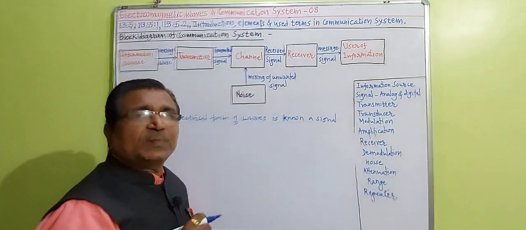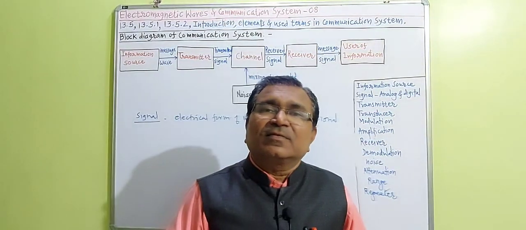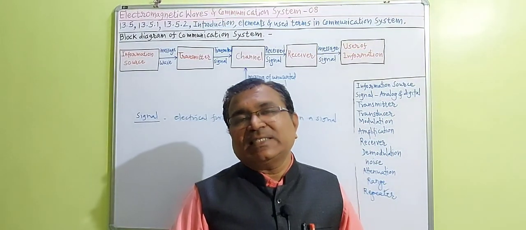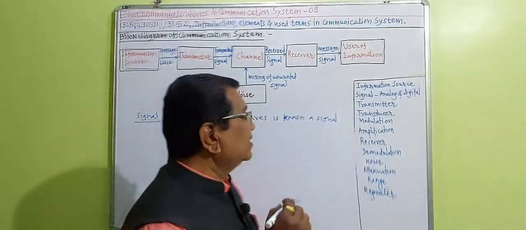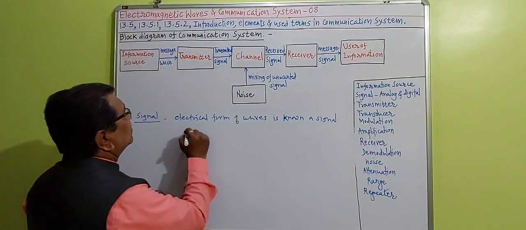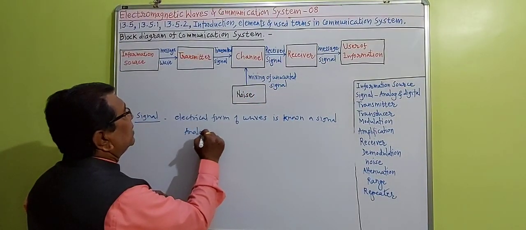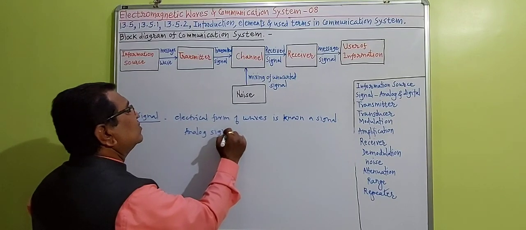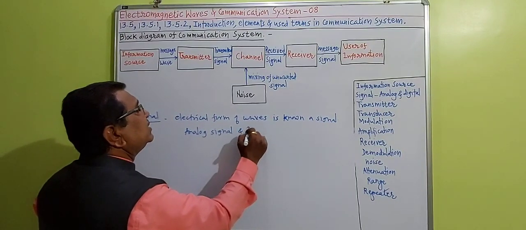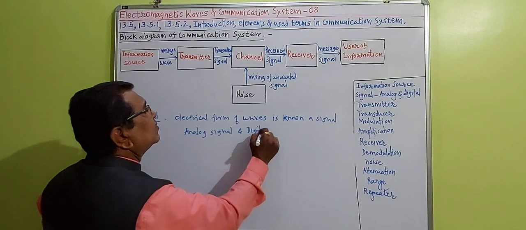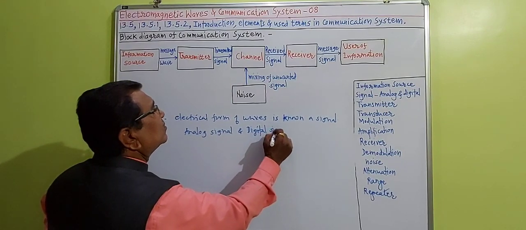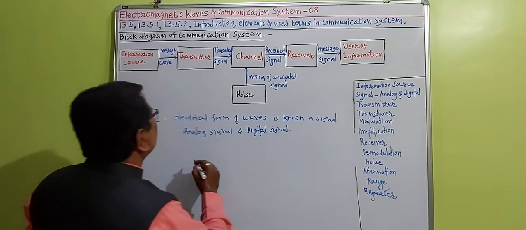There are two types of signal: analog signal and digital signal.